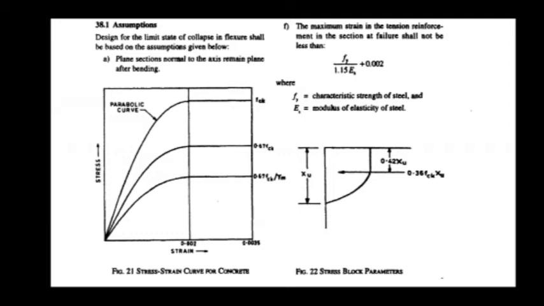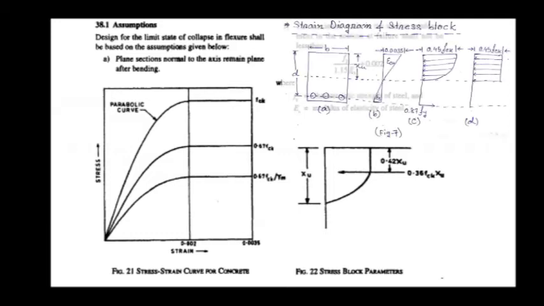If you calculate 0.67 by 1.5, that will be equal to 0.45, which you can see in figures 7c and 7d also. So the value comes from figure number 21 of IS 456-2000.